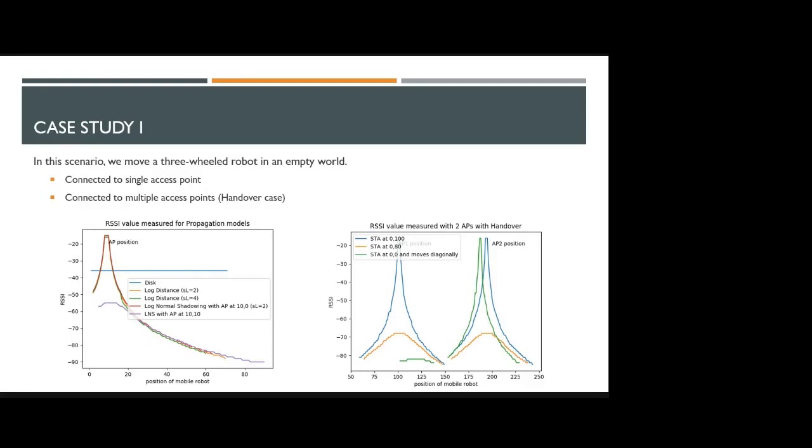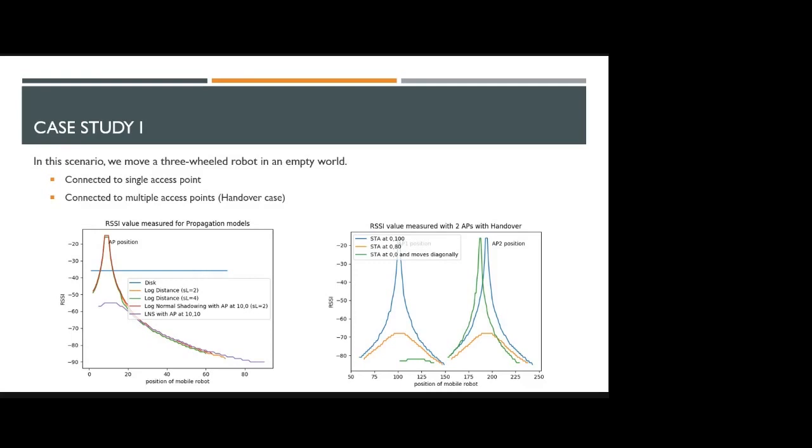In the second use case, in the second diagram, we try to have two access points situated here. As you can see in this experiment, the first access point is at position 100,100, and the second access point is around 200,100.